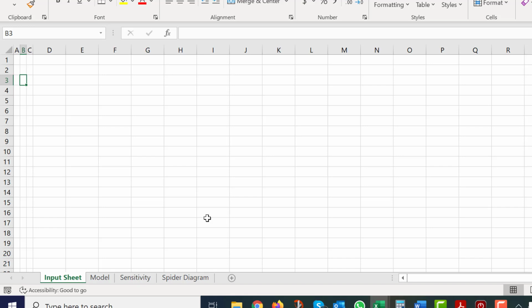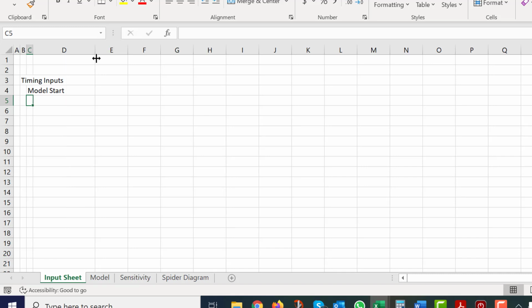Let's start with our timing inputs. The big timing input is when our model will start. What I decided to do when I just reread this, let's put a date here, even though Shift Control 3, we don't really need it, we could change that.